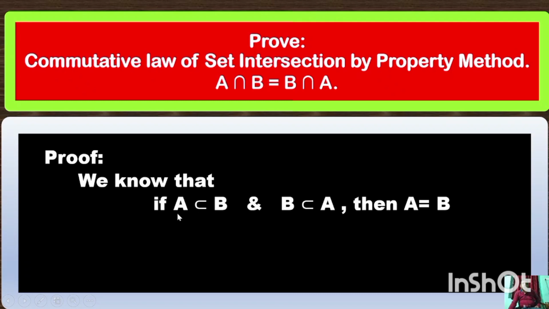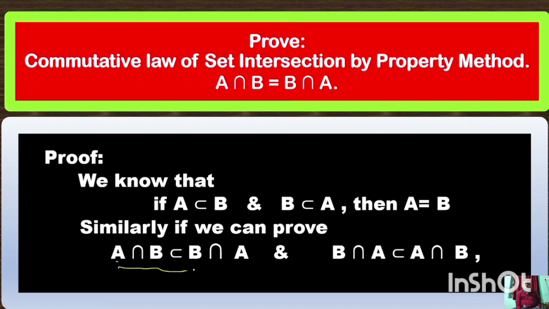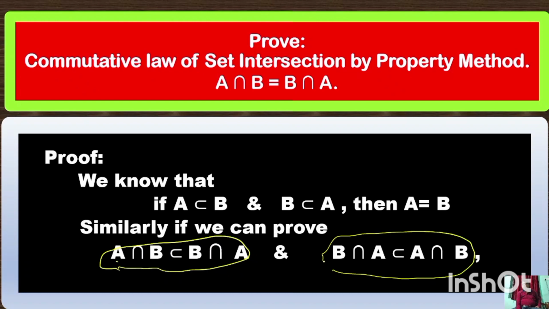Two sets are equal if both are subsets of each other. Similarly, if you can prove A intersection B is a subset of B intersection A and B intersection A is a subset of A intersection B, both terms, understand? Then it can be proved that set intersection obeys the commutative law, by taking this concept, the property of subset.